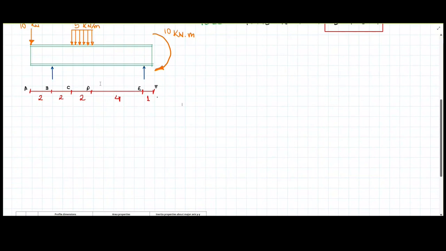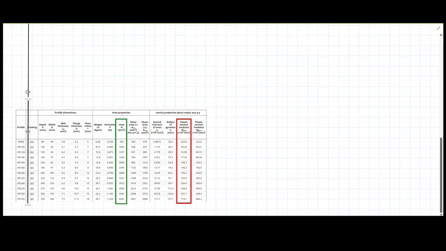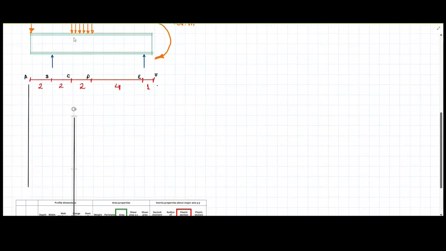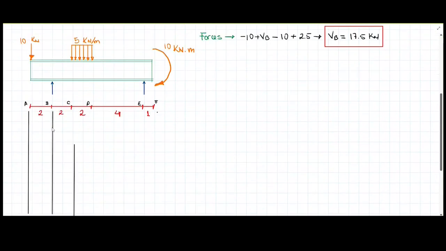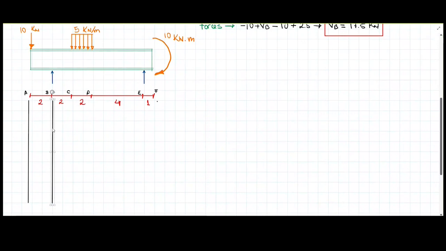Now I'm going to draw here also some lines to construct the shear force and bending moment diagrams. I'm going to construct it at the interesting points, which are going to be this one here and also this one. If I do it then more or less like here.